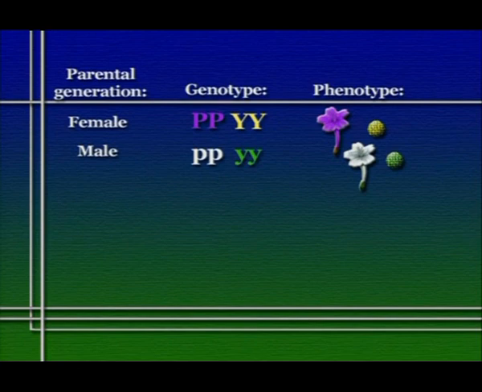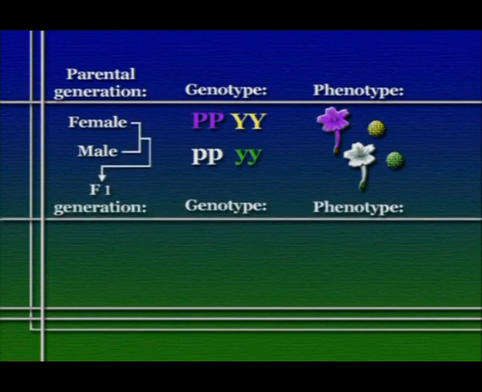Okay, it would have a little p and a little y allele. Now, what we're going to do is ask what happens if we cross those two individuals, just as we did in the monohybrid cross we did last time, except now looking at the fate of these two traits as offspring are produced.